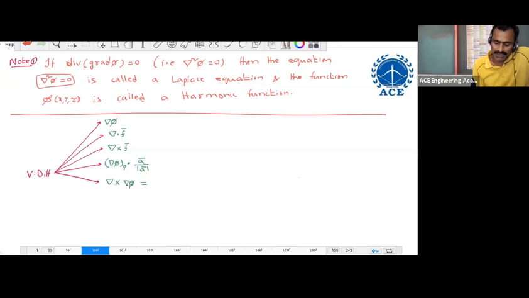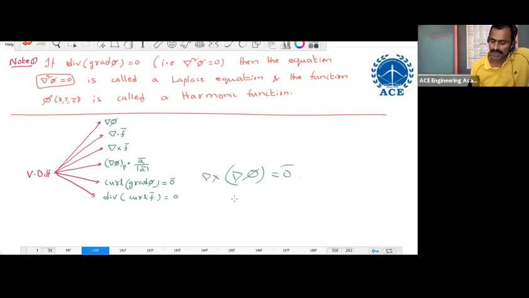Del cross means curl. Del phi means gradient. Del cross del phi is 0 bar, curl of grad phi. Randomly we take any scalar function, find the del phi, and for this apply the curl.